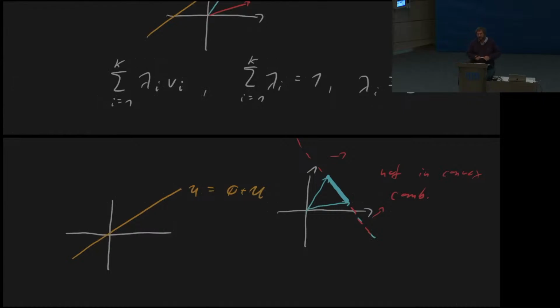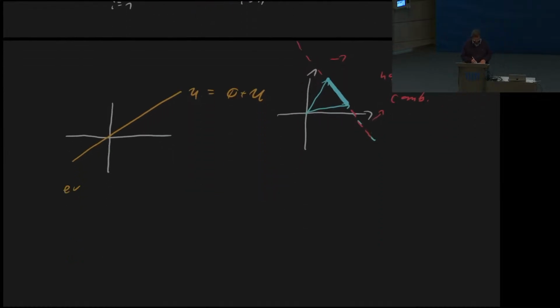We've just discussed this. So that is also an affine space. Every vector space is also an affine space, but not the other way around. Right? So every vector space is an affine space, but not vice versa.